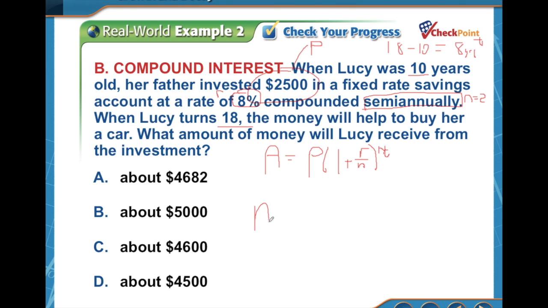So we would plug into our equation like this. Our amount equals 2,500 times the quantity, 1 plus, our rate was 8%, so I will put 0.08 as a decimal. That is 8%. And then divide by N, which is 2, semi-annual.